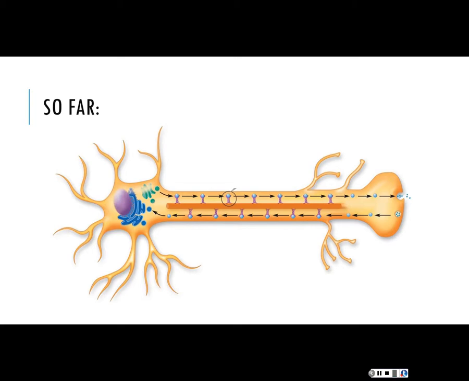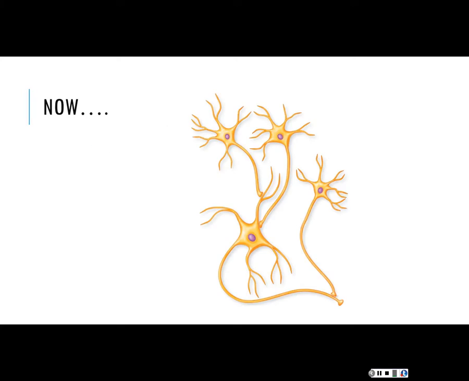So we need to look at the end of the cell and the event that causes it to release the neurotransmitter, which ties back to our Chapter 5 material on intercellular communication. We're trying to talk between cells. Up till now, we've been looking within a single cell. We need to be more global and look between cells.